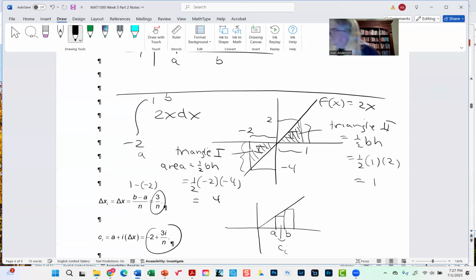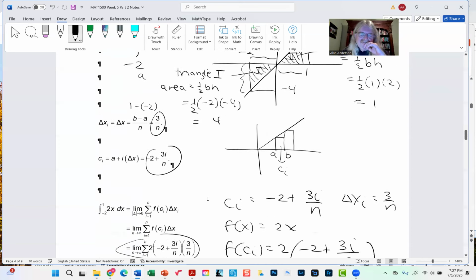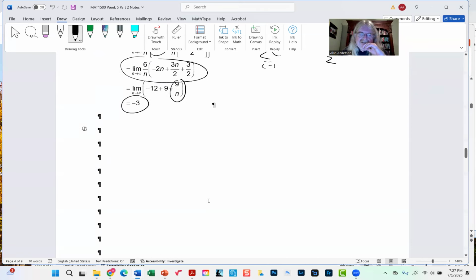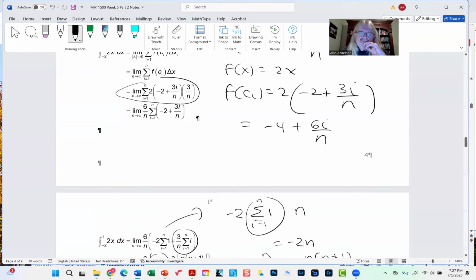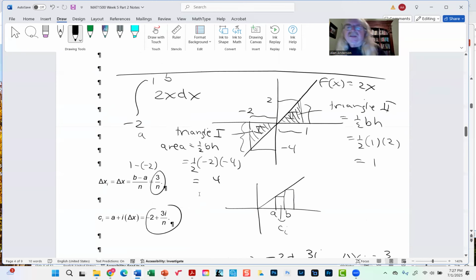Because the area under the horizontal axis is being treated as a negative value, that's how this is happening. So you could think of this total area as -4 plus 1, which is -3.